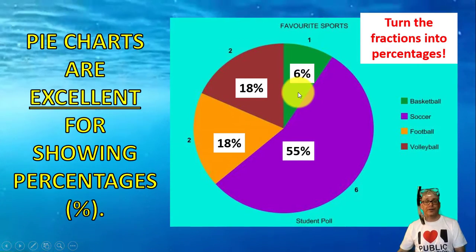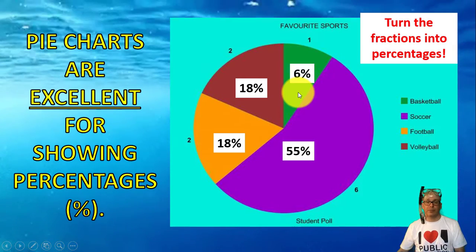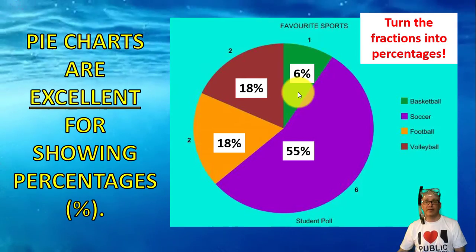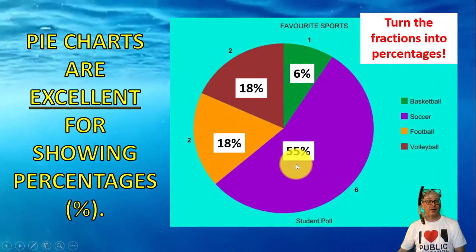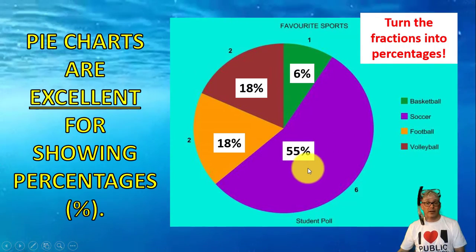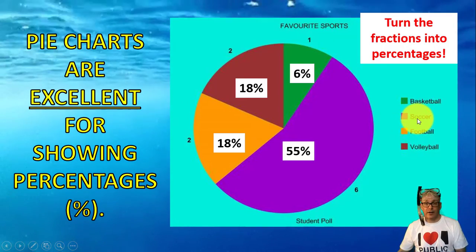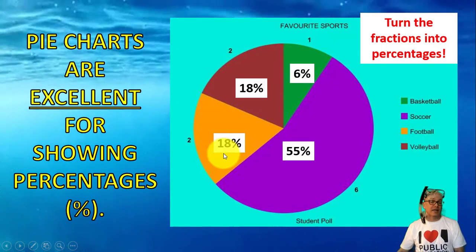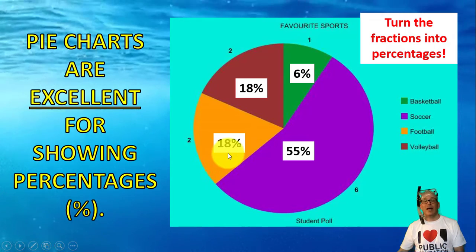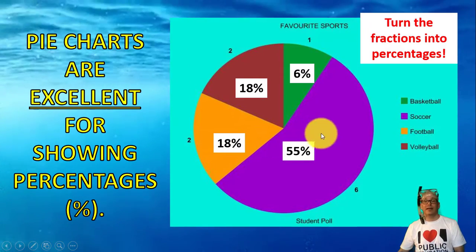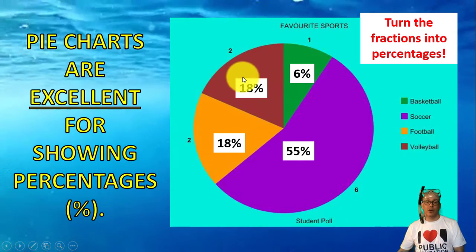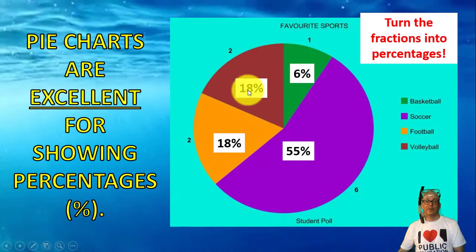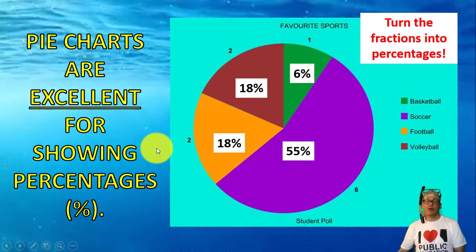In the survey, 6% of people who answered said they liked basketball best. 55% of people who responded said they liked soccer best. 18% of people who answered said they liked football best. Same goes with volleyball. 18 and 18, right? Okay, so that's how you do a pie chart.